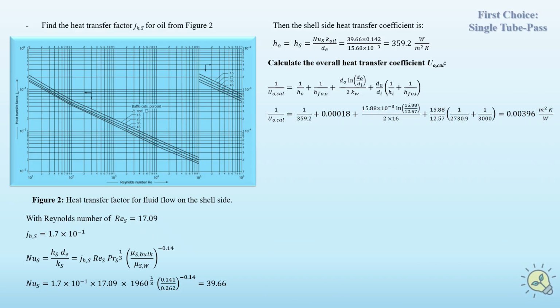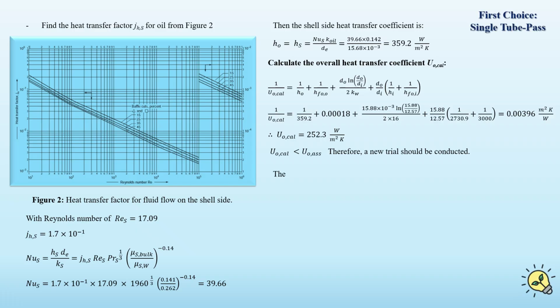If we substitute the values of h naught, h i, fouling effect on the inside, fouling effect on the outside, and the conduction term, then we will end with 1 over U naught equal to 0.00396 meter square Kelvin per watt, and then U naught calculated to be 252.3 watt per meter square Kelvin, which is much less than the assumed value.